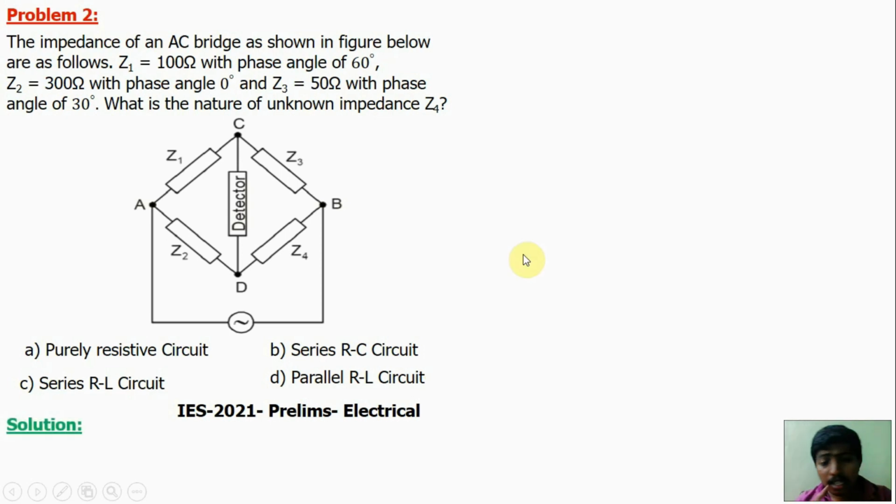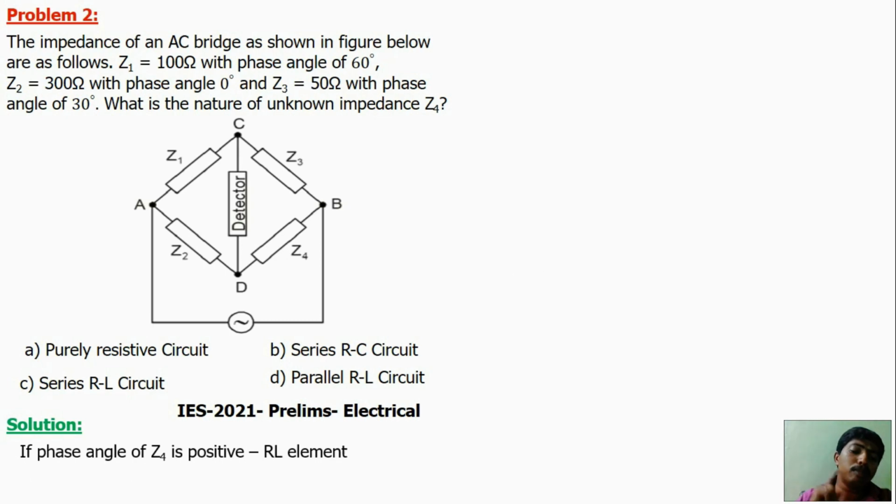Remember that if the phase angle of Z4 is positive, the element will be an RL element, resistive and inductive. If the phase angle is negative, it is a capacitive element, an RC element.